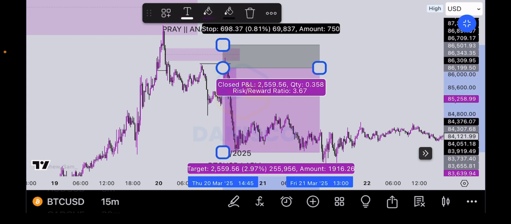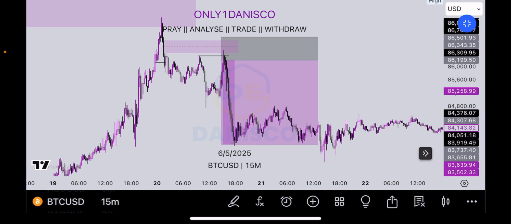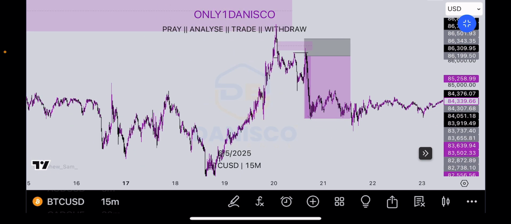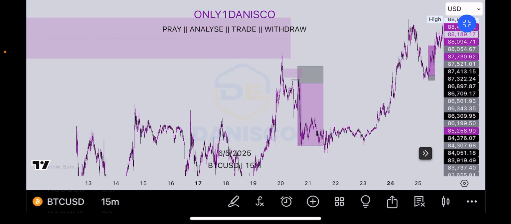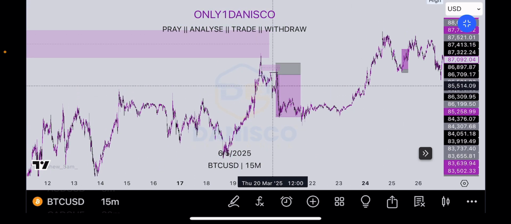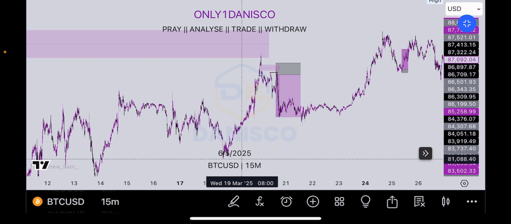Same 1:3. You can see I placed my stop loss above the level and I targeted 1:3. Very sharp. You can see after price gave me 1:3, price reversed back. Those people that took the aggressive entry, I believe they will be targeting this high.